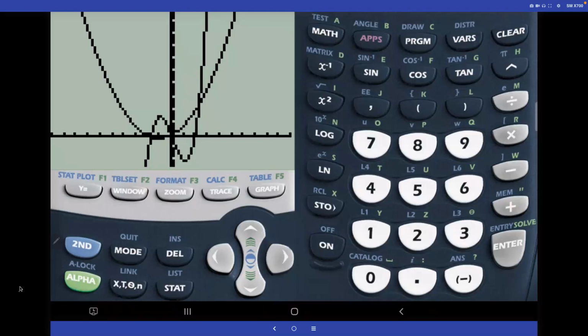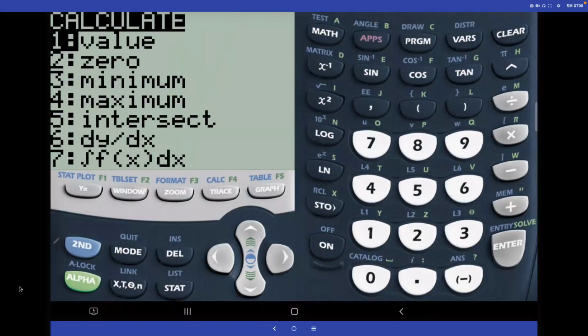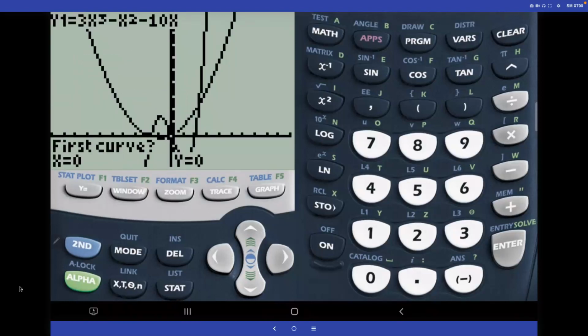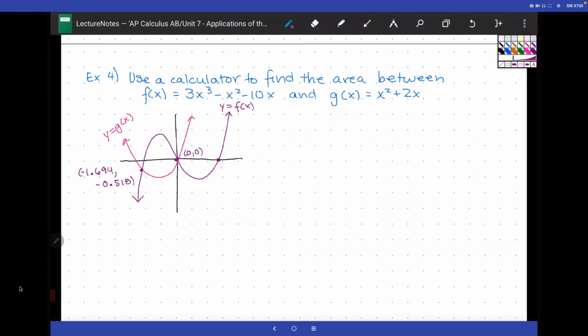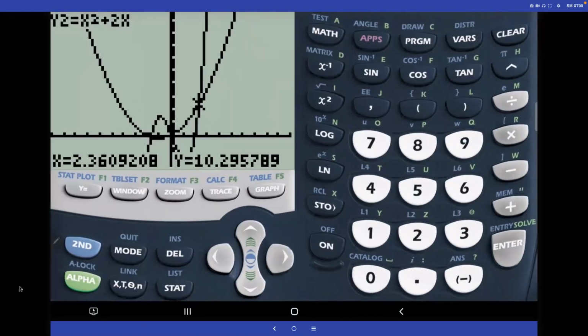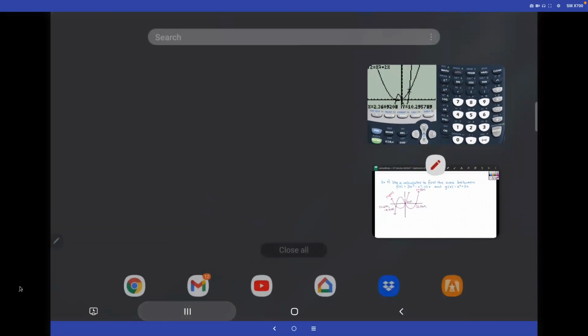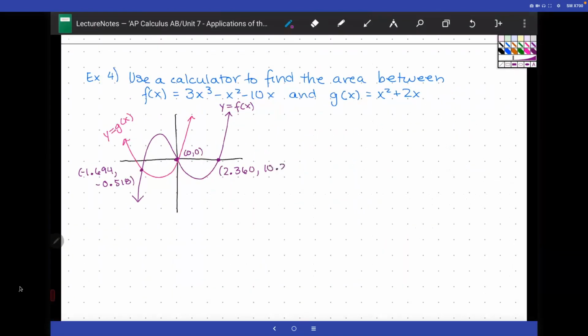All right. So now I'm going to go through the steps for the point of intersection again. Second calc, choice 5. First curve, second curve. And move my cursor over there. So you should have gotten about like that. 2.360. 10,295. Get it?